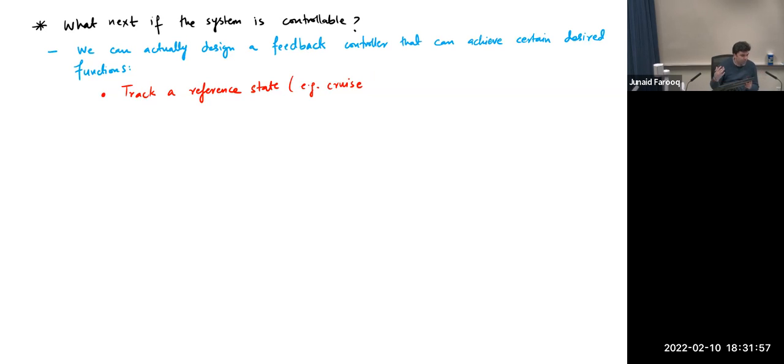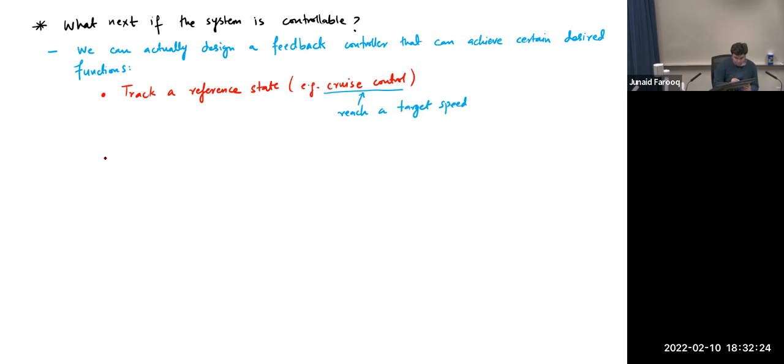From anywhere to anywhere, the controller can lead you to the reference state. In a cruise control, you want to reach a target speed. That is your reference.